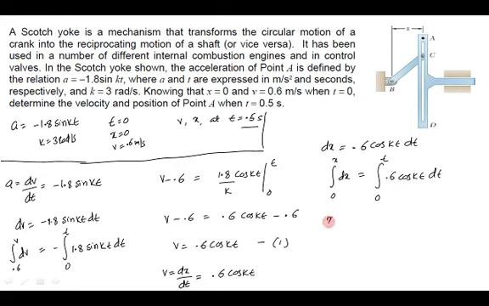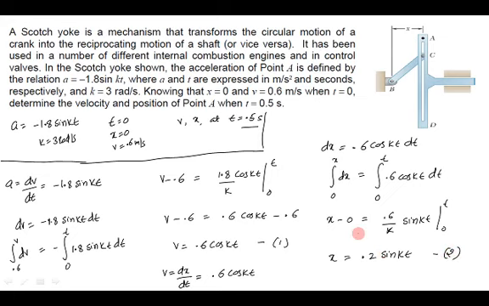So this becomes x minus 0 equals 0.6 by k sin kt from 0 to t. So x becomes, substituting k is equal to 3, 0.2 sin kt minus sin 0, which is 0. So this is our equation number 2.